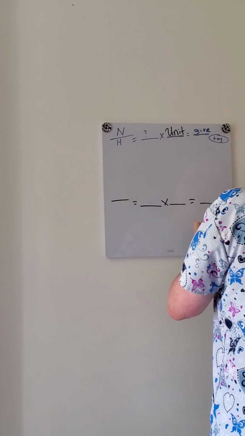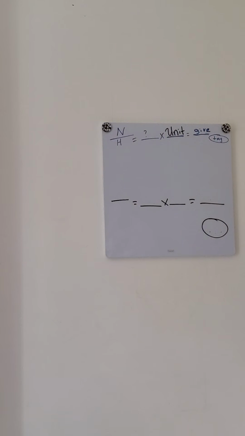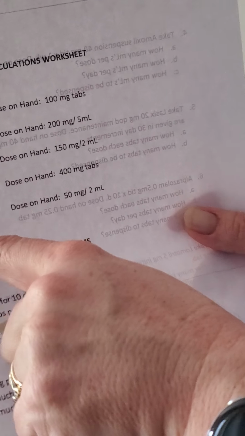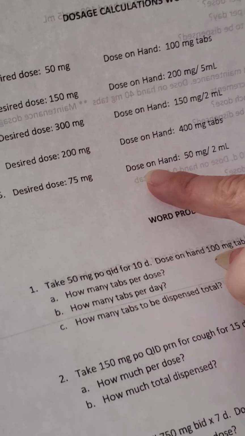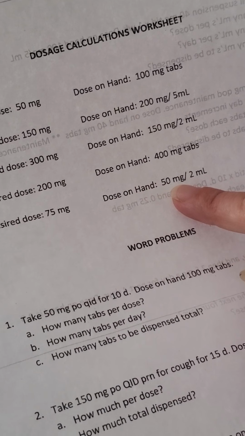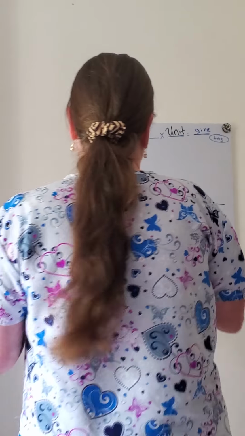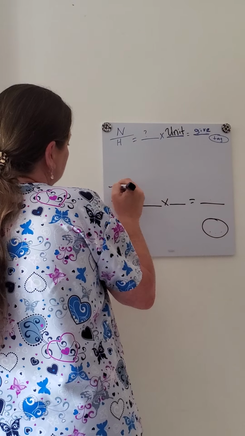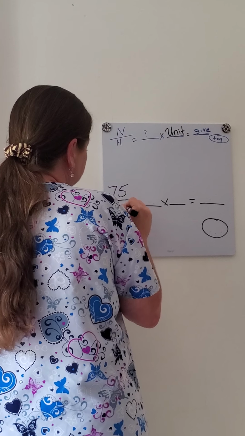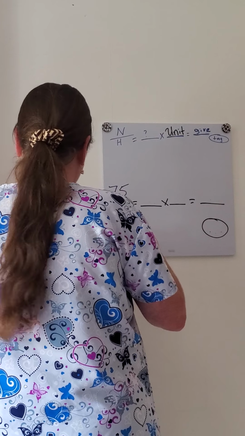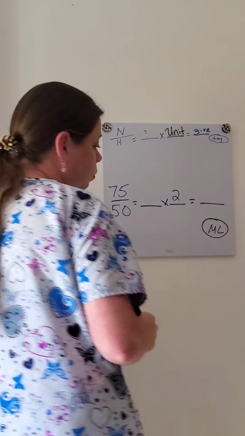Okay, so we're going to go down to number 5. Number 5 says desired dose 75 milligrams and dose on hand 50 milligrams per 2 ml. Dose we need 75. Dose we have 50 milligrams per 2 ml.